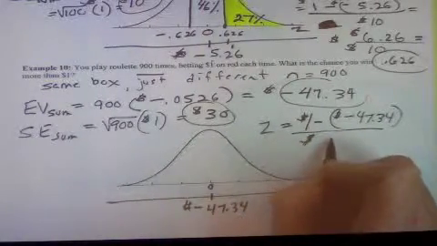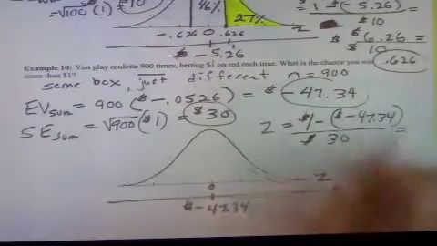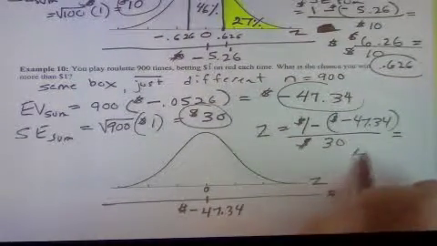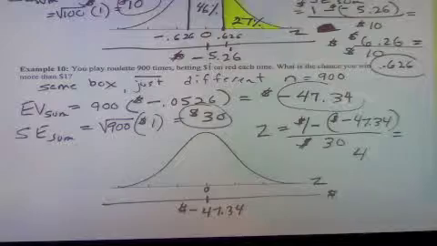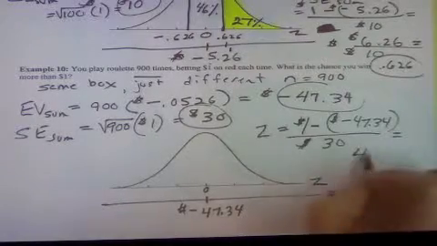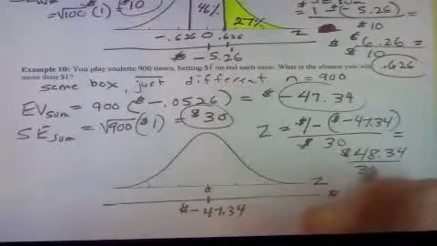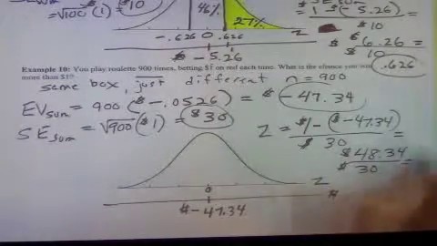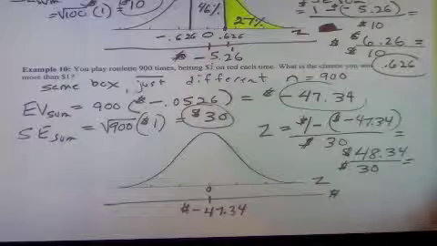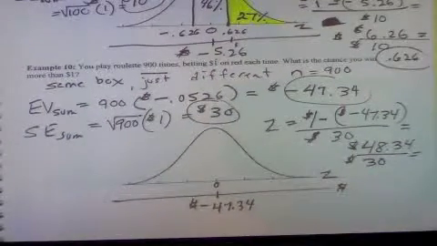What's our standard error? 30. I meant to say 48.34 over 30. And that is what?